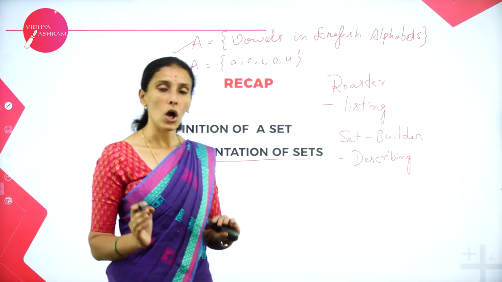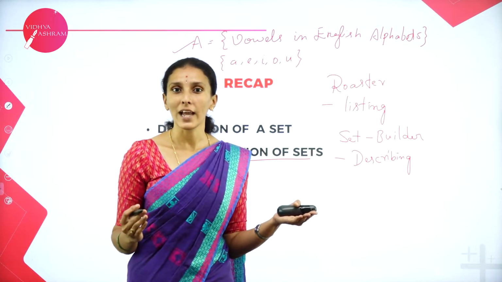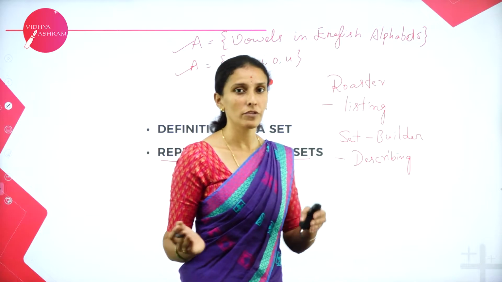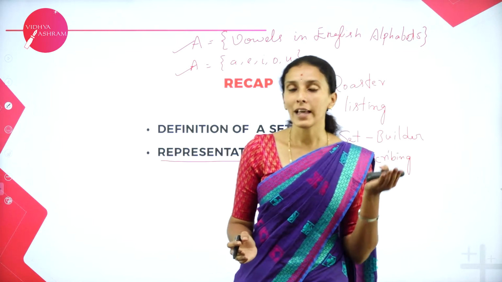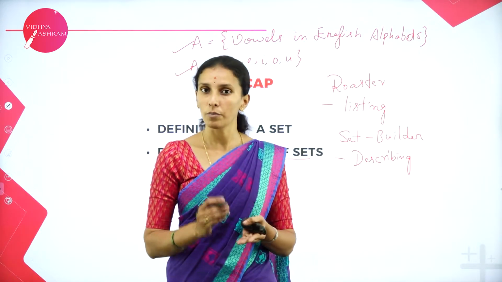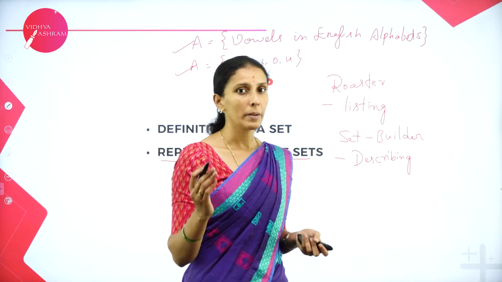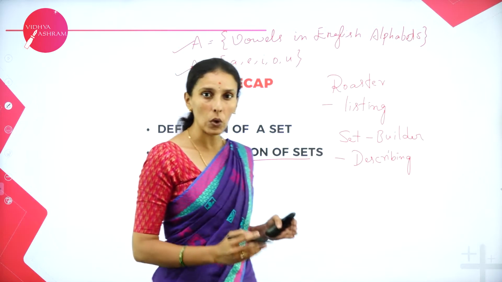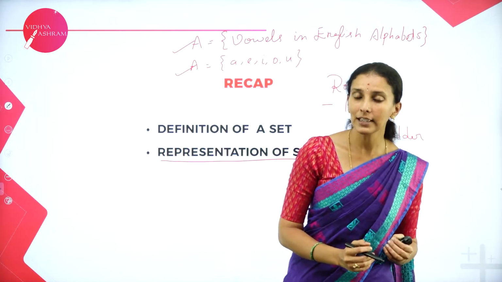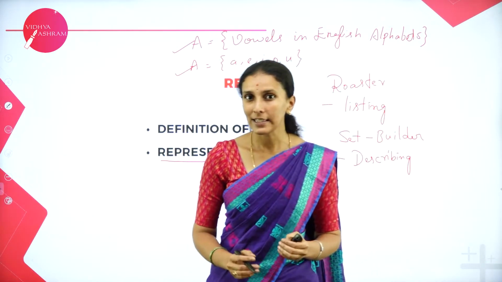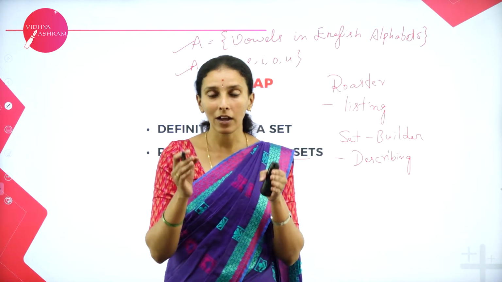Also we have learned how we can convert the elements from roster form to set builder form, and how we can write the elements when a question is given in set builder form, in roster form. Also remember, always you should denote the set with capital letters, and elements inside the set must be written in small letters separated by commas.